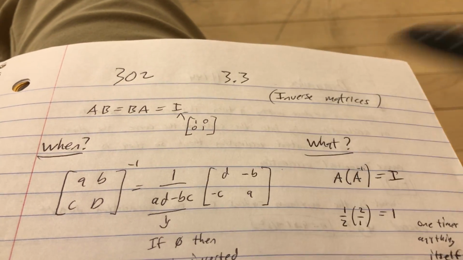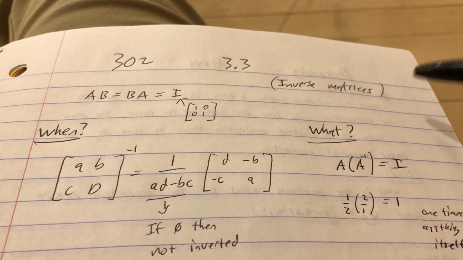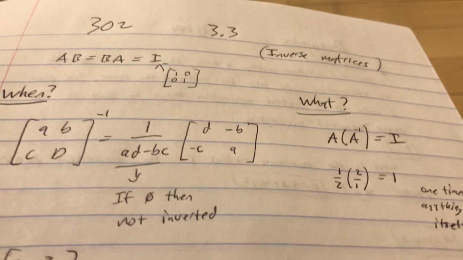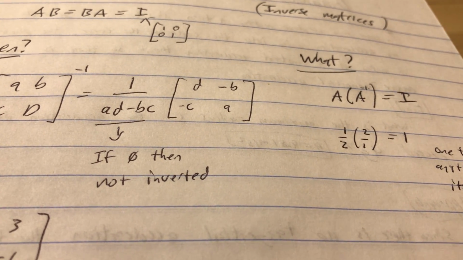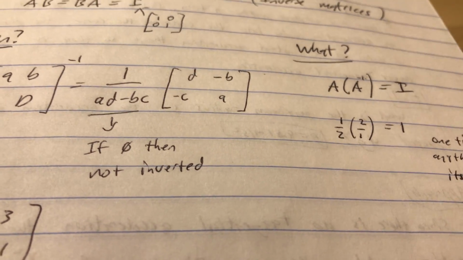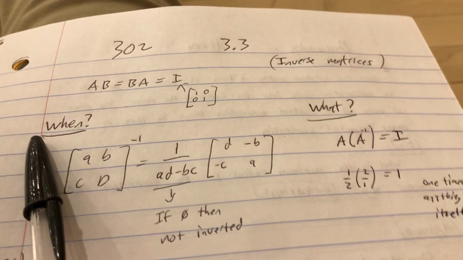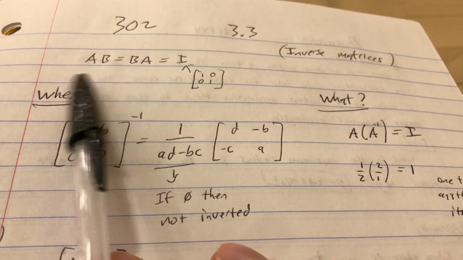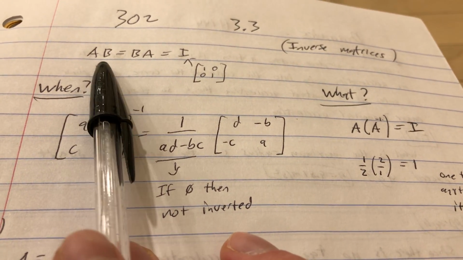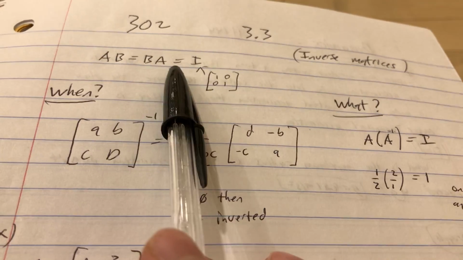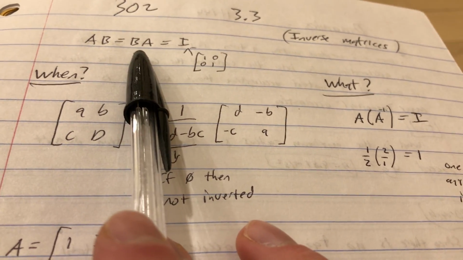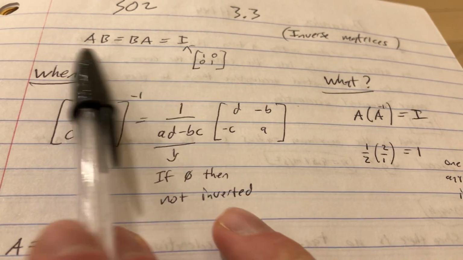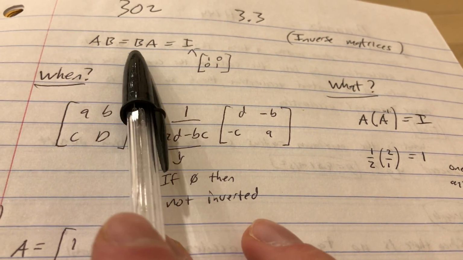So first thing, this whole section was talking about inverse matrices, and the point of inverse matrices is that it makes it easier to solve linear systems. First we need to know that A times B is not equal to B times A. This was from a previous lecture: matrix multiplication is not commutative.